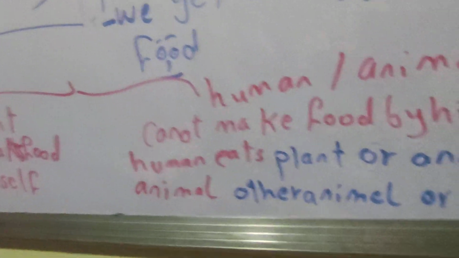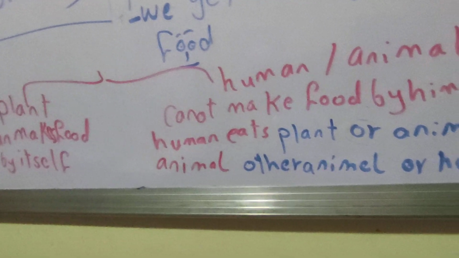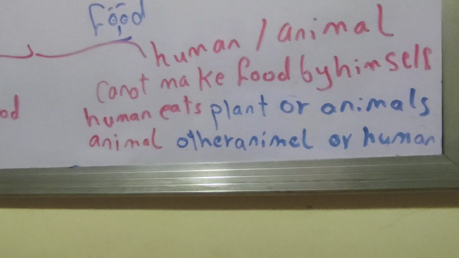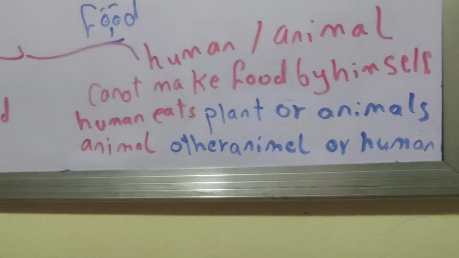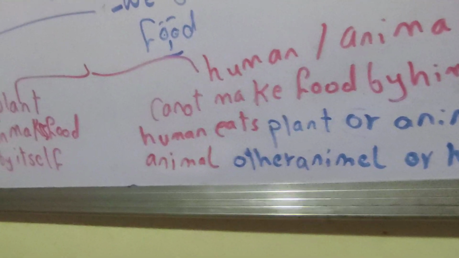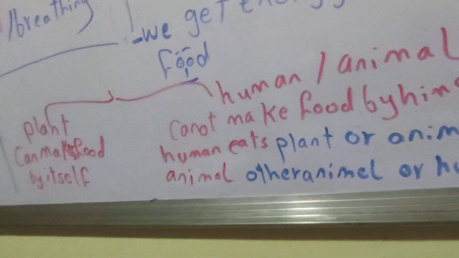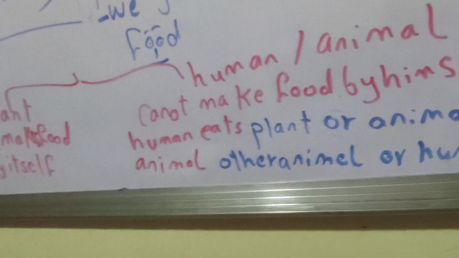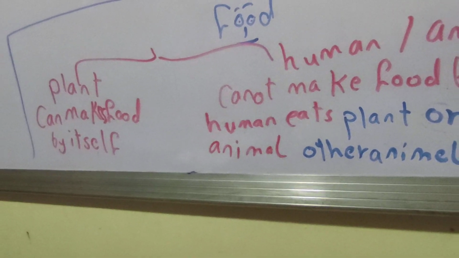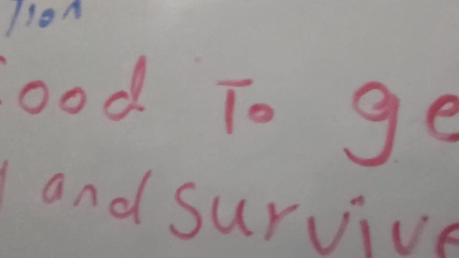Animals eat other animals or plants, like a rabbit. A rabbit eats carrots. Can he make food by himself? No, he has to eat something, right? Humans and animals have to eat something in order not to die, in order to survive.